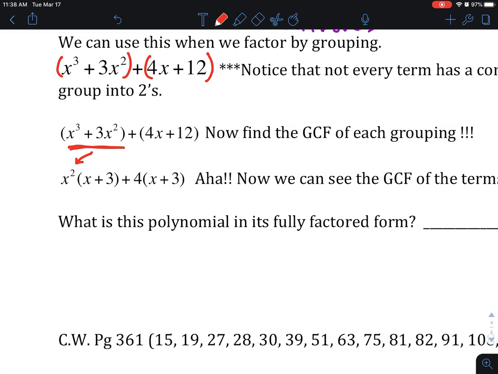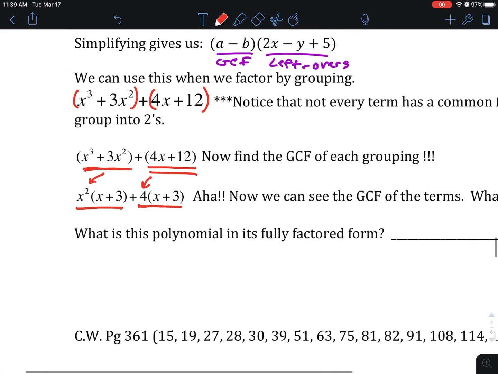The GCF for that group is x squared, and if I factor x squared from each term, I get x squared times x plus 3. Then I look at the second group of two and find that the GCF is 4. I factor out the 4 and what's left is 4 times x plus 3.